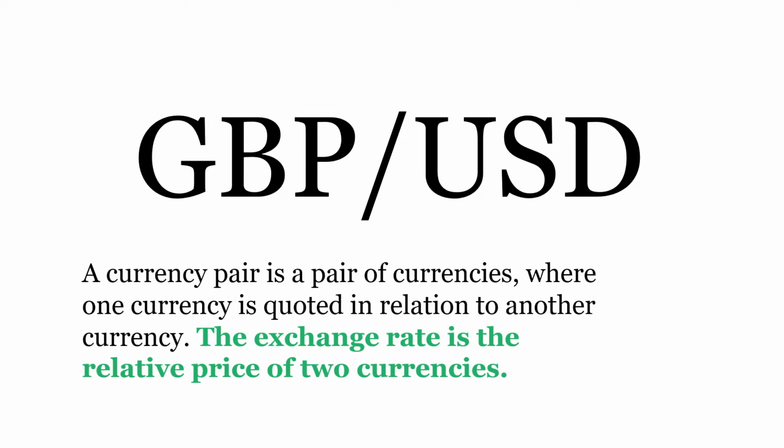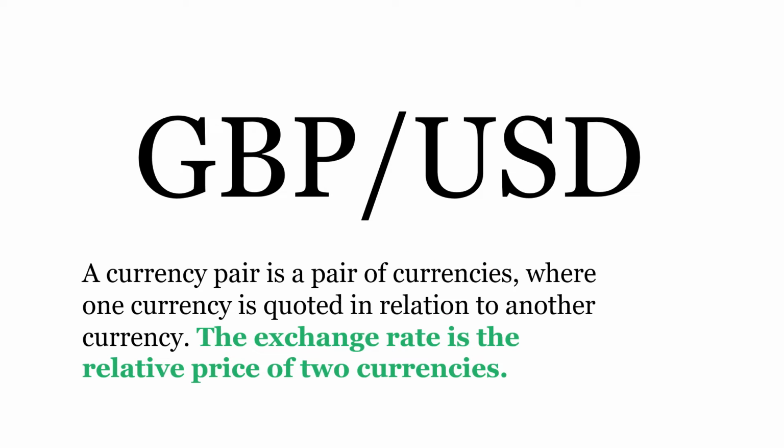This is what a currency pair looks like. GBP, the Great British Pound, / USD. A currency pair is a pair of currencies, where one currency, the Great British Pound, is quoted in relation to another currency.